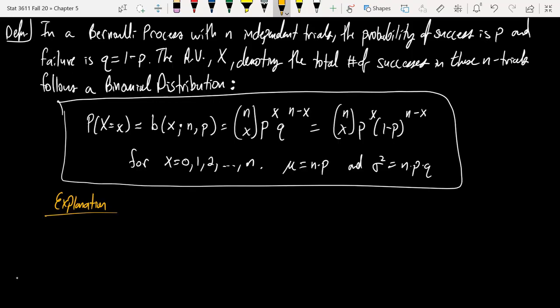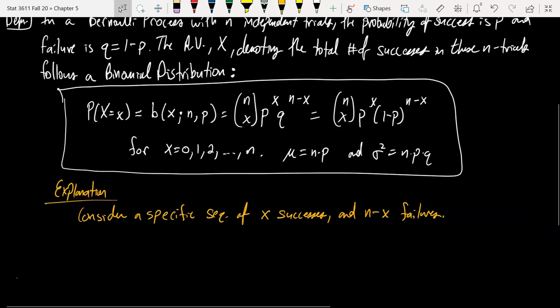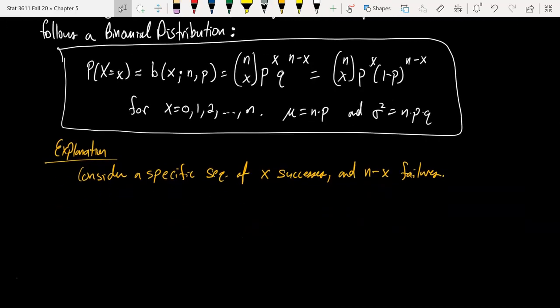Well, consider a specific sequence of x successes. If you have n trials, then there are n minus x failures, right? If we have n trials and there's x successes, there's n minus x failures.